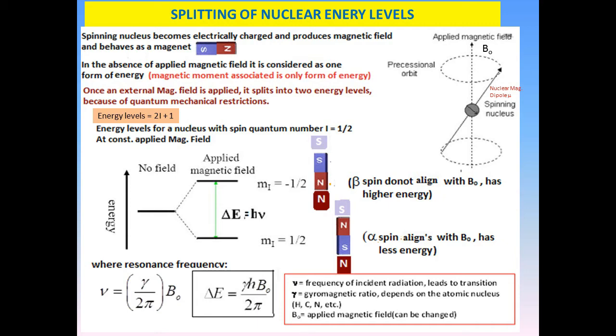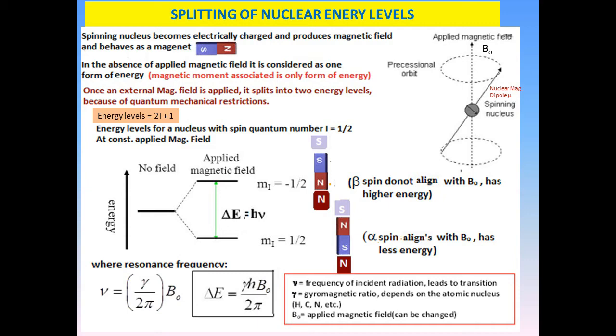That is given by the expression gamma divided by 2 pi into B naught, where gamma is the gyromagnetic ratio, which depends upon the atomic nucleus, and B naught is the applied magnetic field. Hence delta E can be represented by the expression gamma h B naught divided by 2 pi.